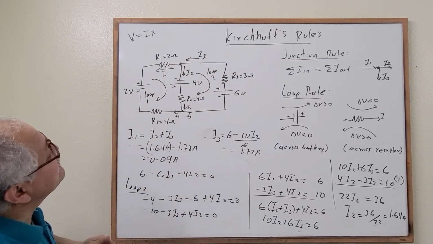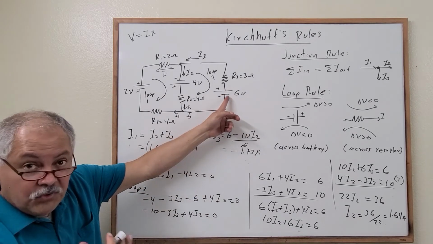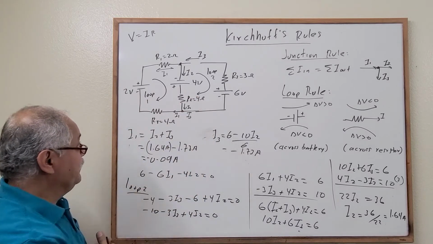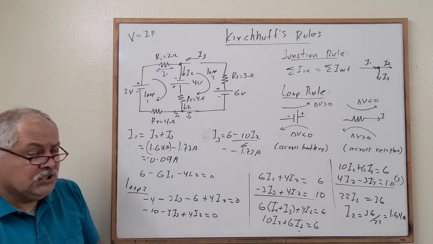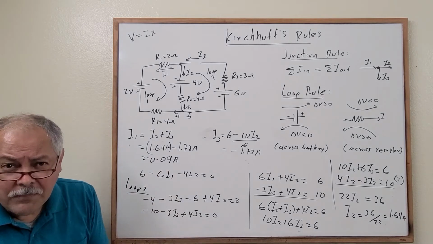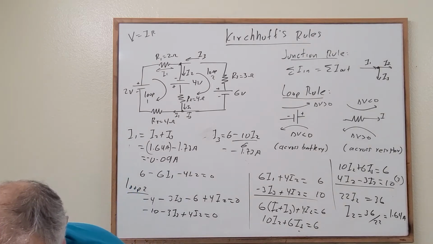That's the right direction, and it makes sense because this is the strongest one and it dominates the rest. Got it? Again, this is how we apply Kirchhoff's rules to circuits where we have more than one battery.